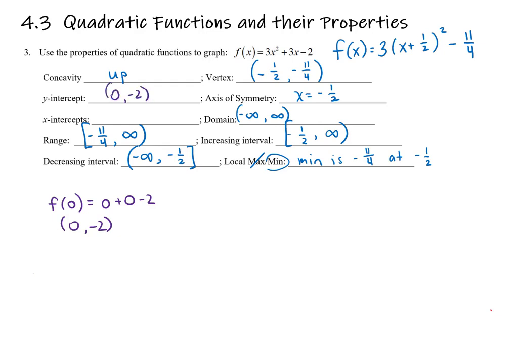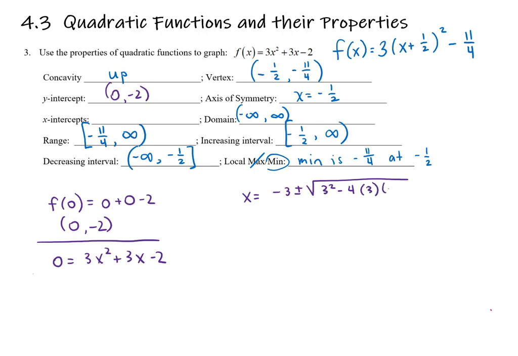My x-intercepts is a little bit more involved. Instead of plugging in 0, I'm going to set my equation equal to 0. And this is something that cannot be solved with factoring, so I'm going to solve it using the quadratic formula. I'm going to say x is equal to negative b plus or minus the square root of b squared minus 4ac, all over 2a.